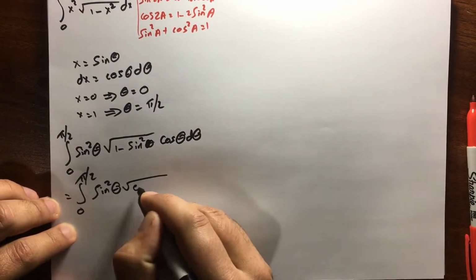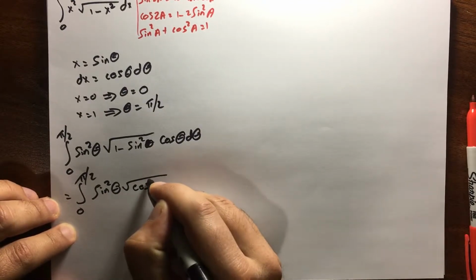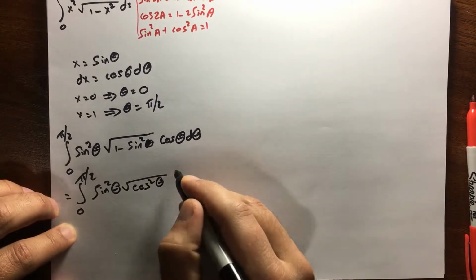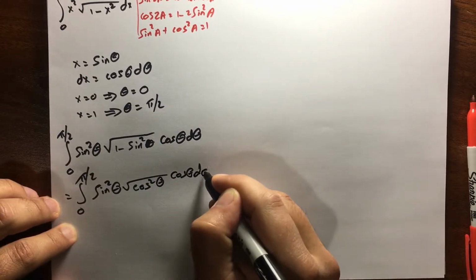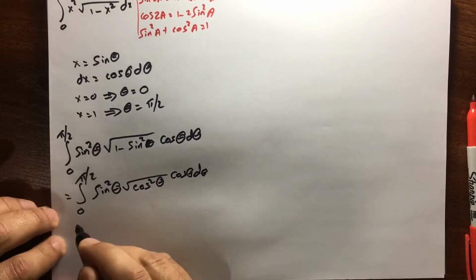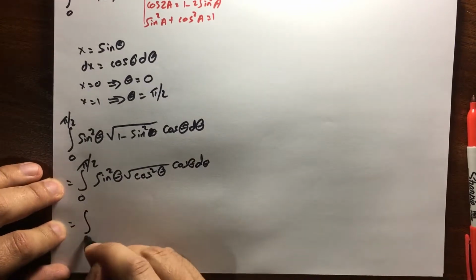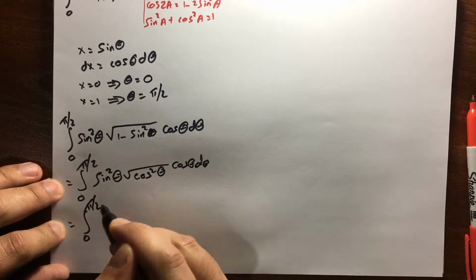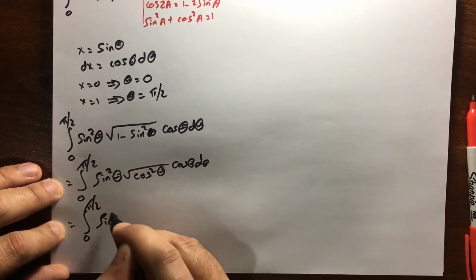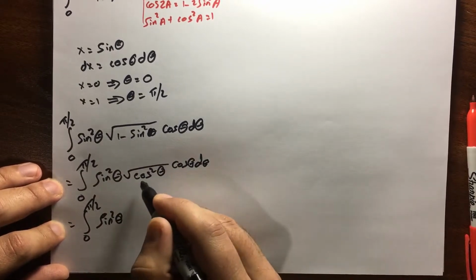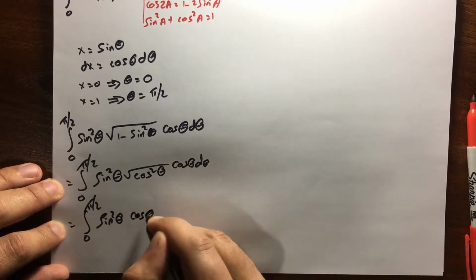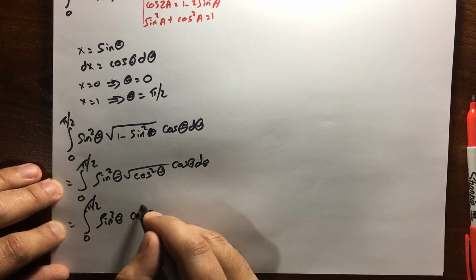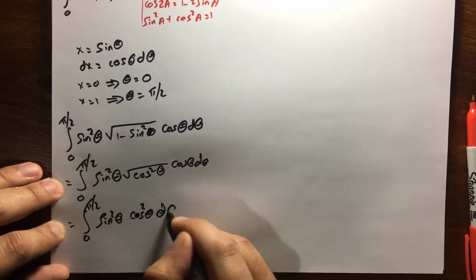So we have here the square root of cosine squared theta, times cosine theta d theta. This equals, from 0 to pi over 2, sine squared theta. The square root of cosine squared theta is cosine theta, and times cosine theta we have cosine squared theta d theta.